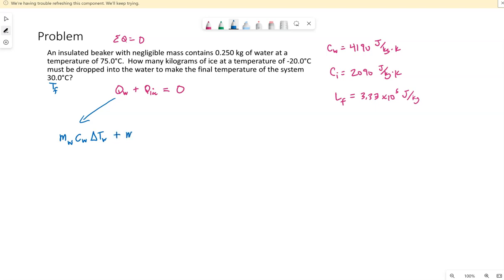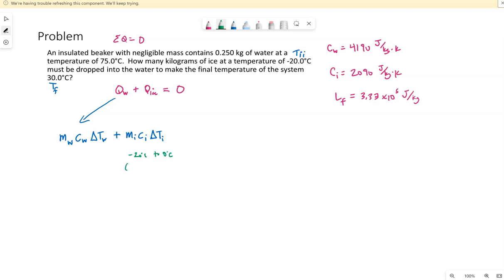The ice, we're trying to find the mass. But because the ice is initially at negative 20 degrees Celsius, that's not its melting temperature. So if we start putting energy into the ice, it's not going to melt, it's going to increase in temperature. So we need to first account for the change of temperature from negative 20 degrees Celsius to 0.